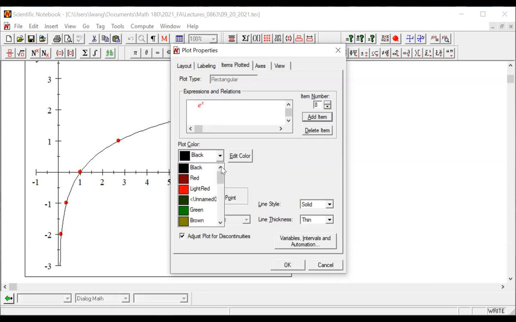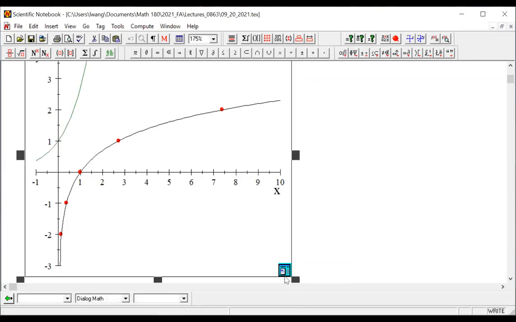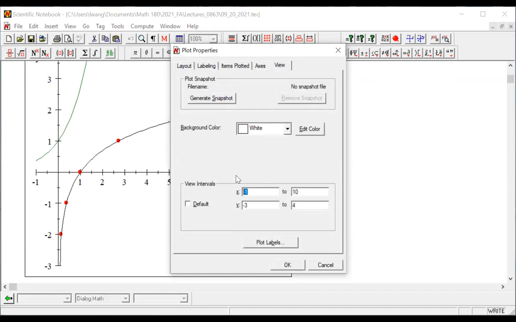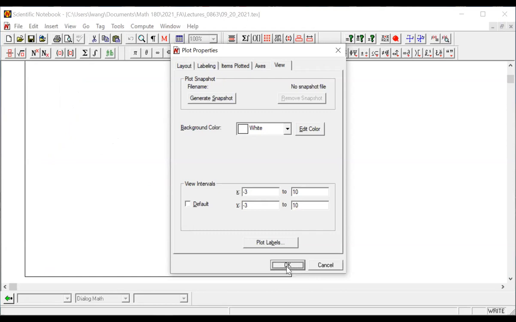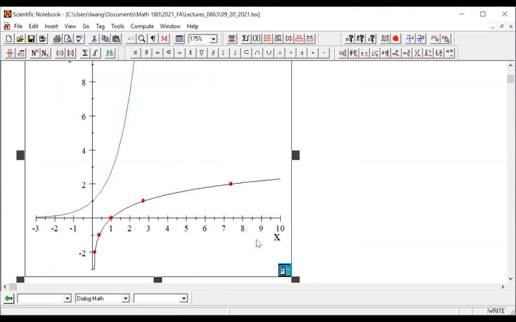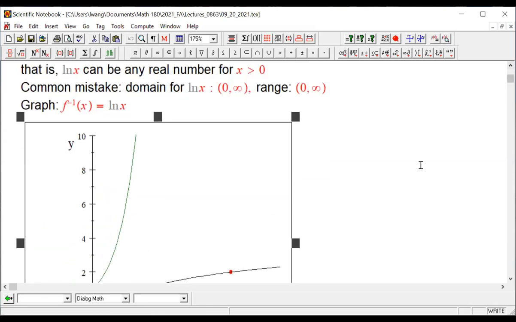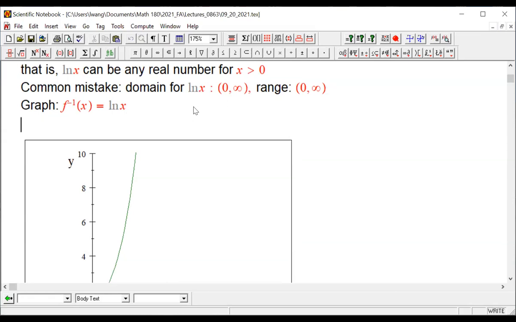I'm going to give e to the power x a different color, and I'm also going to make some adjustment. So the first comparison is going to be between ln x and e to the power x.